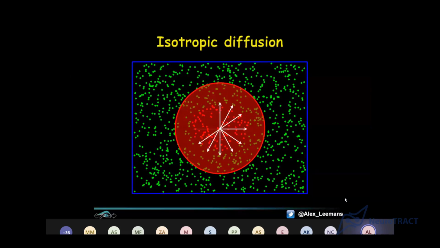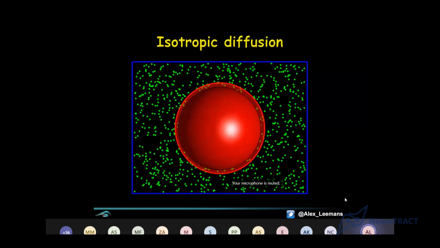In 2 dimensions, you can visualize this probability of spread with a circle, and in 3 dimensions with a sphere. You have to think of the surface of the sphere as an isoprobability function that grows in time. And this gives you an idea of the spread of these molecules.